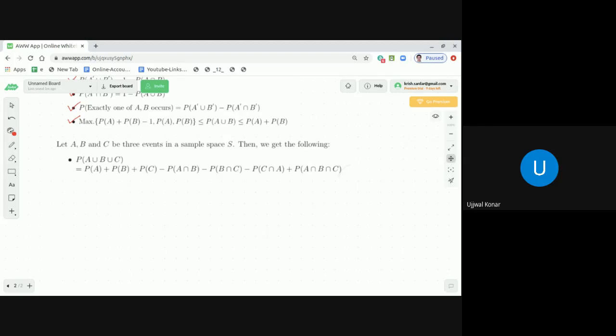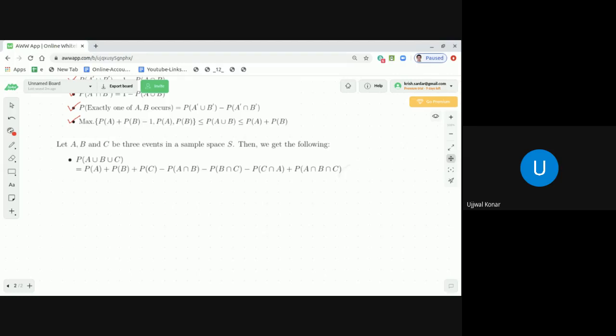You need to apply these equalities or formulas when you see that from the problem statement you have enough information about probability of A, probability of B, probability of C, and the other information like A intersection B, B intersection C, C intersection A, and A intersection B intersection C. Now from there you can find the probability of A union B union C simply by using this formula.